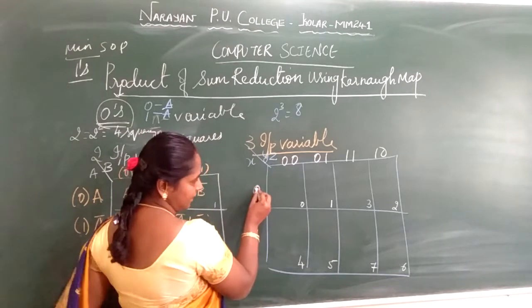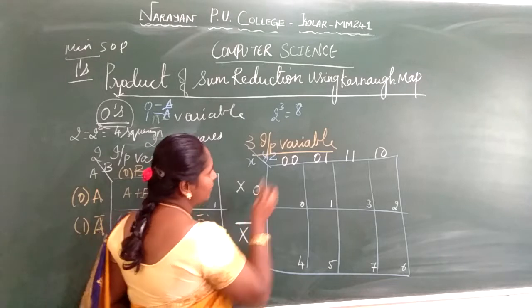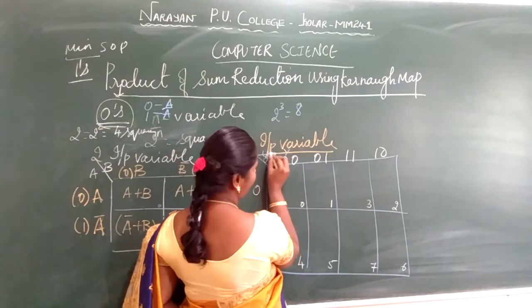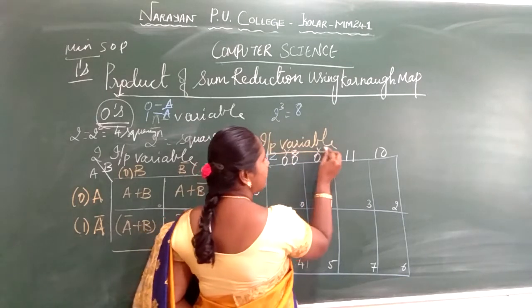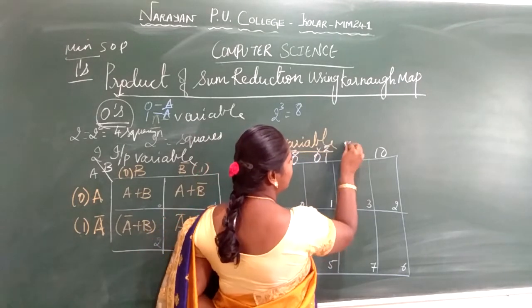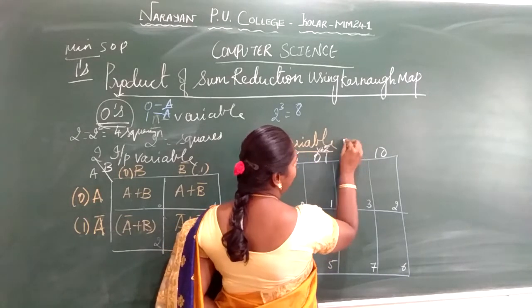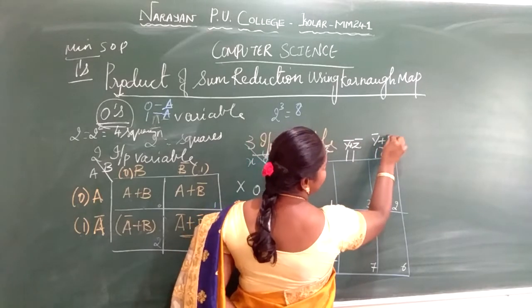For here, 0 means x as it is, 1 means x bar, and similarly for y and z, with a plus between them.